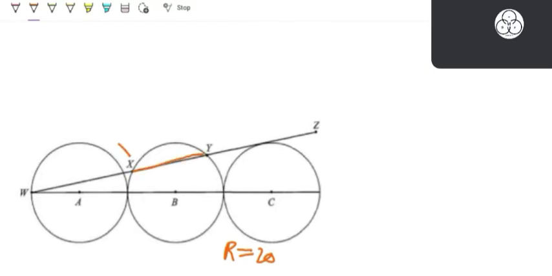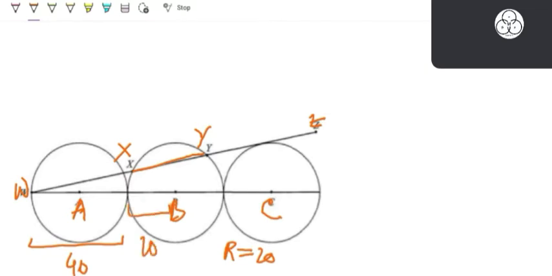Okay, this is X. This is Y. If it's not visible, this is Z. This is W. This is A. This is B. This is C. We need to find this length. So how do we find it? It seems very difficult, right? What is this length? 40. Since the radius is 20, the diameter is 40. What about this length?